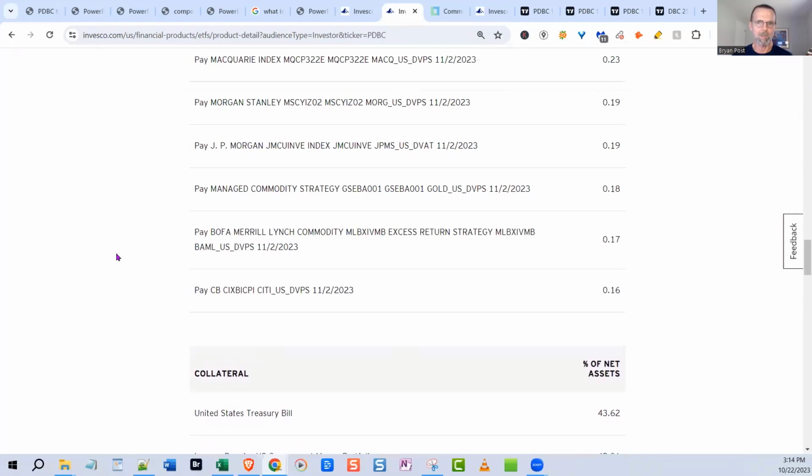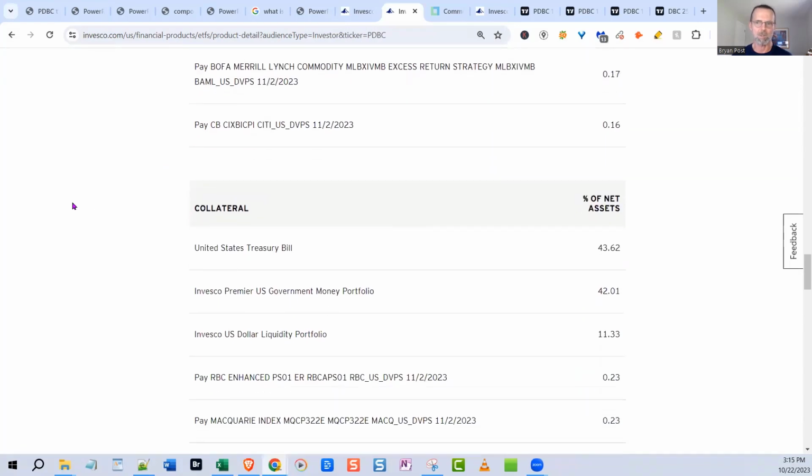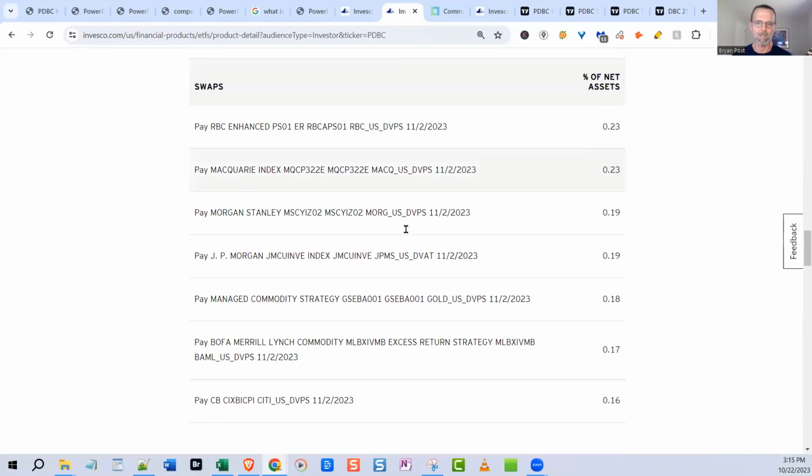There's the specific swaps. Oh, and notice this makes it clear. These are individual contracts. So each one of these is a specific swap contract. And they're showing there's not a lot of exposure, 0.23%, but they do have exposure to swaps. And actually that's encouraging to see.